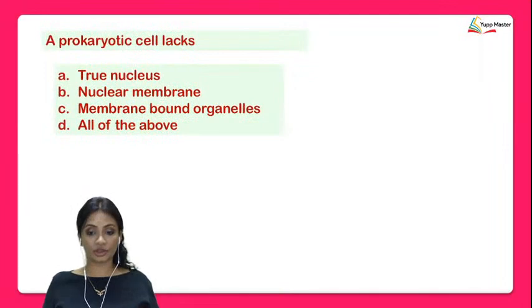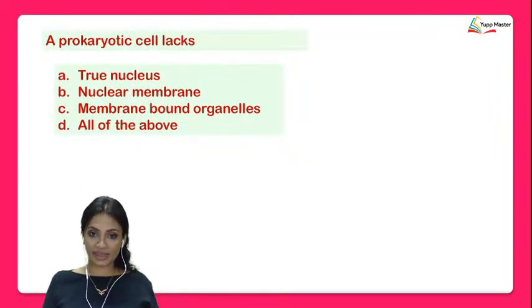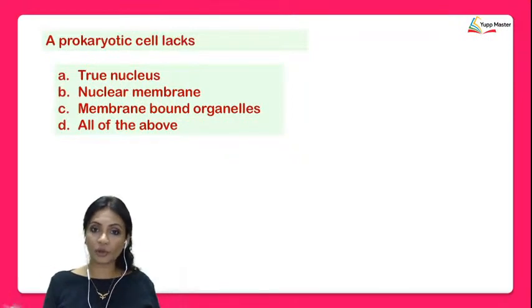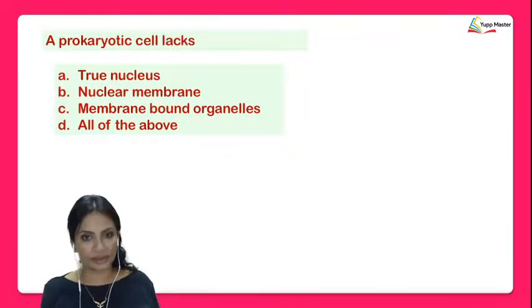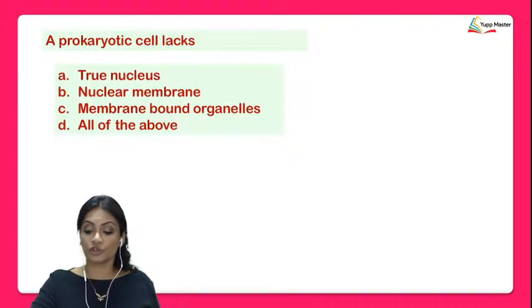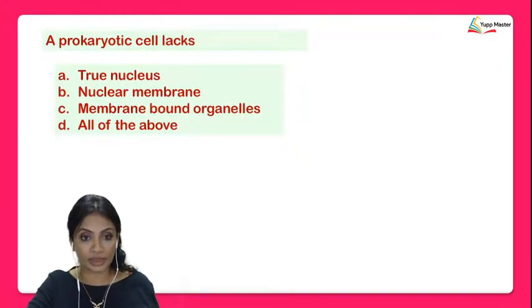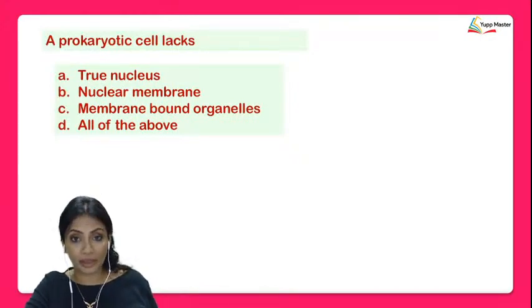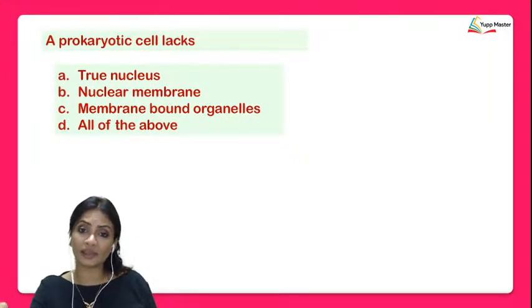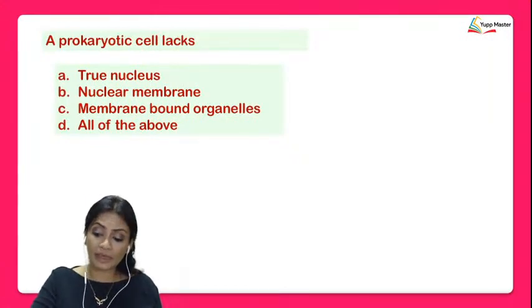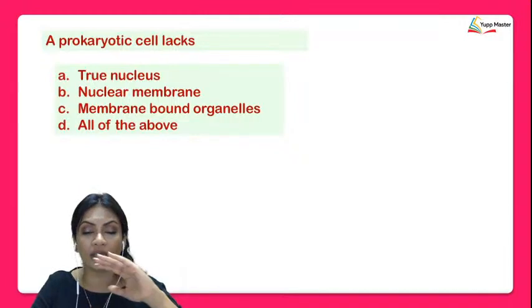Alright, next question. A prokaryotic cell lacks what? What is it from these four things that a prokaryotic cell absolutely does not have? Let's see the options. True nucleus, does it have it? No, it doesn't. A nuclear membrane, well, there is no nucleus, so how do you expect there to be a nuclear membrane? Membrane bound cell organelles absolutely are not present.